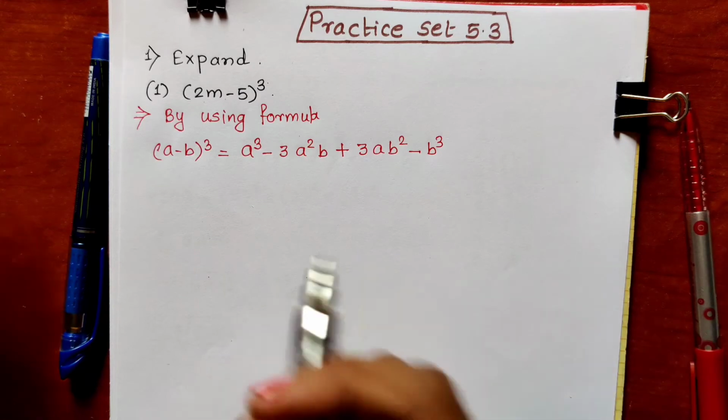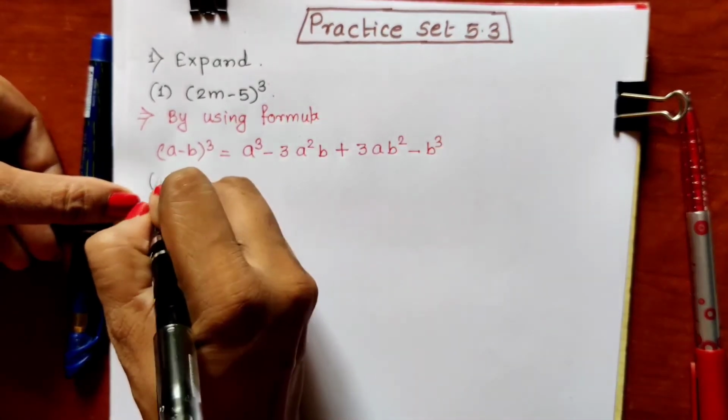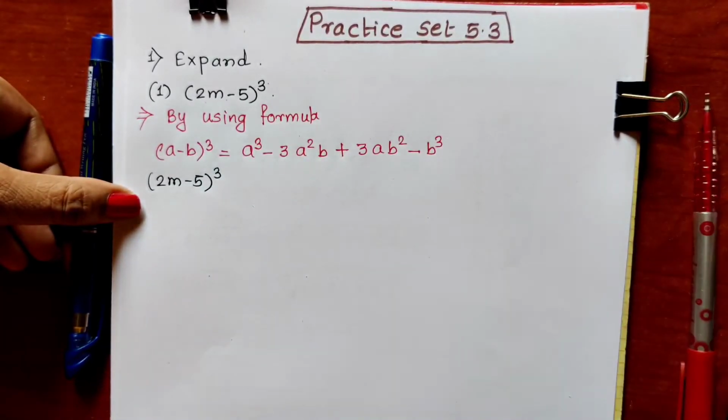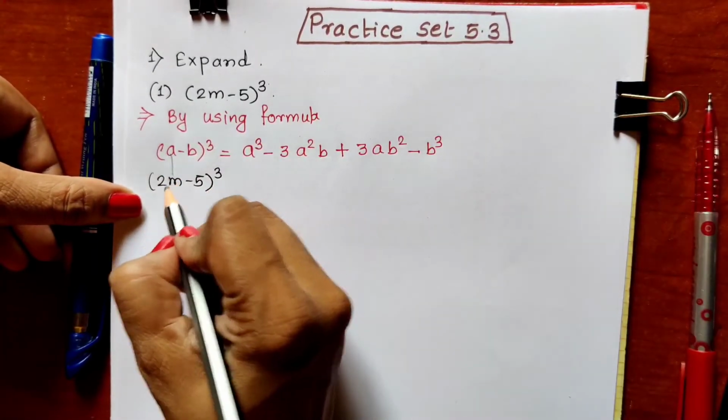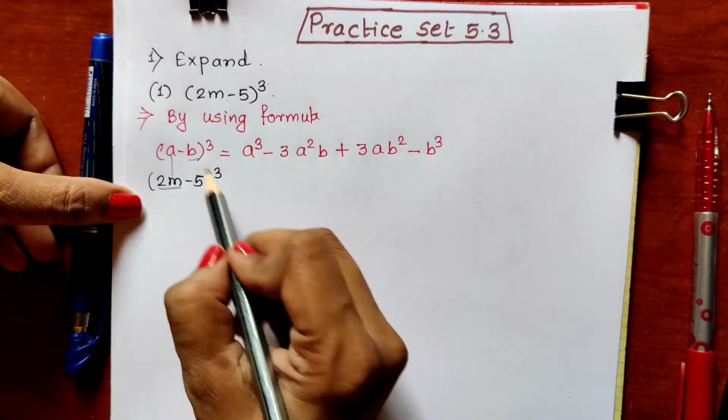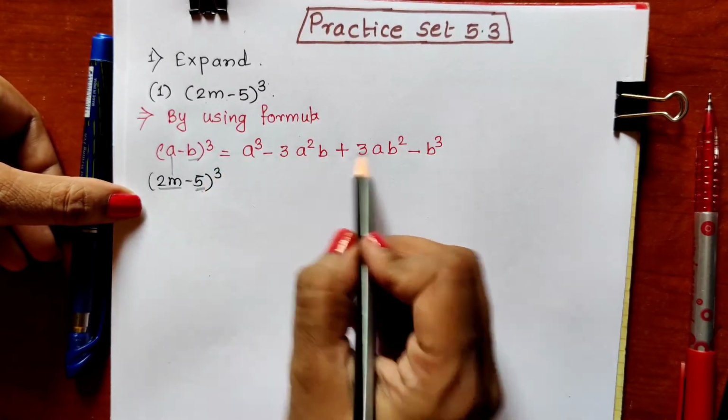So let us apply the formula to our sum. It is (2m − 5)³. Our a is 2m, so in place of a we will be writing 2m here. Our b is 5, so in place of b we will be writing 5.